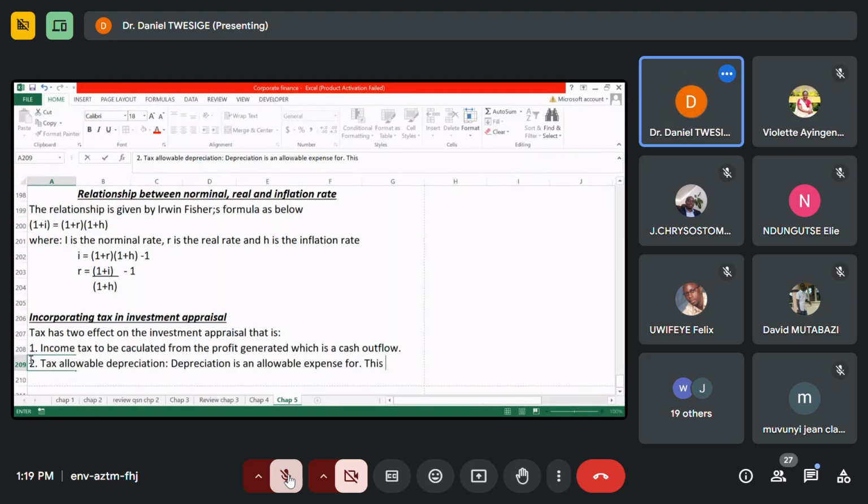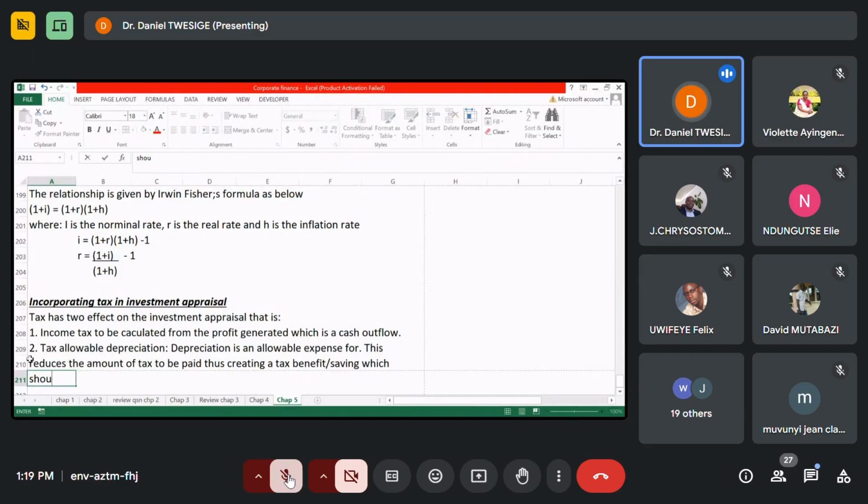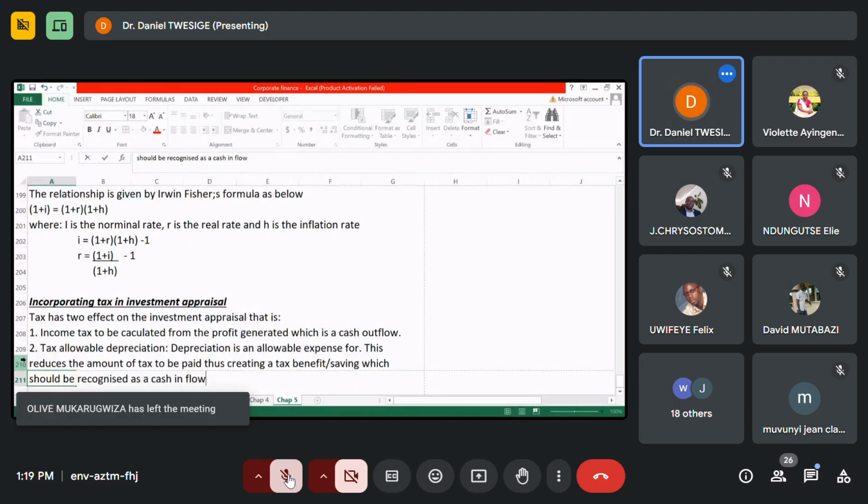This reduces the amount of tax to be paid, thus creating a tax benefit or saving, which should be recognized as a cash inflow.